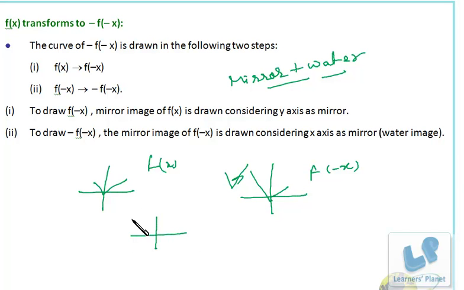Then this is minus f of x, and you can take the water image of this, so that will be minus f of minus x. Okay friends, so in the case f(x) is transforming into minus f of minus x, you have to take mirror plus water images, right?